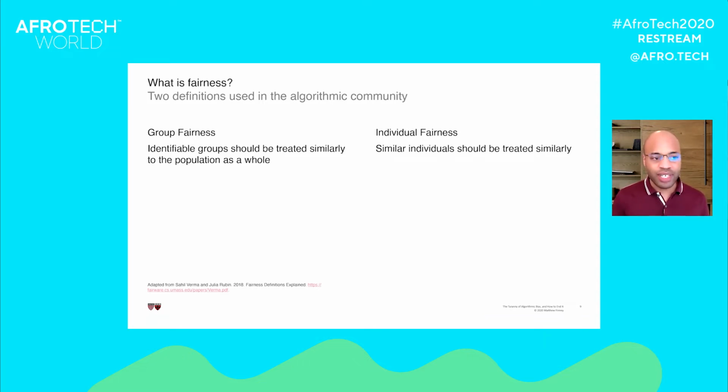There are two specific definitions of fairness that we use in the algorithm community. The first is group fairness. And the idea behind group fairness is that in your data set, you have groups that are identifiable and they should be treated similarly to the population as a whole, right?